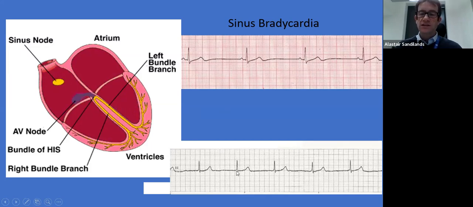There is probably a hint of something that might be a P wave. Really the P wave is probably buried in the QRS, and this is what we call a junctional rhythm. The sinus node has stopped, and the AV node, or the junction as it's called, has taken over with a narrow QRS. So that's a junctional rhythm.